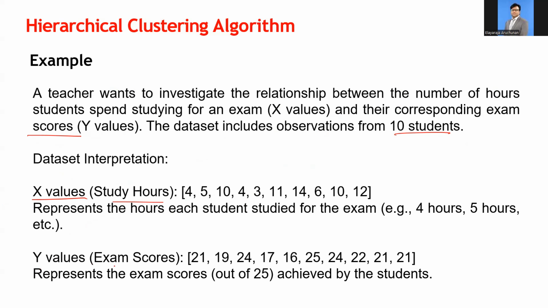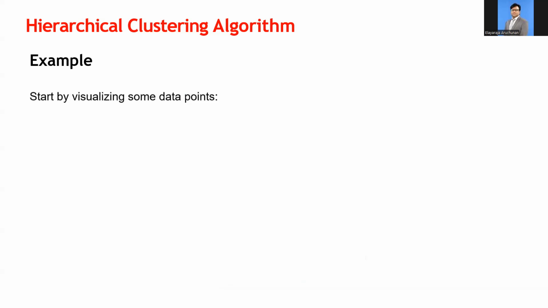The Y values are the scores or marks they obtained, such as 21 marks, 19 marks, 24 marks, and so on, out of 25 achieved by the students. So we have two data sets: study hours and the exam scores of these 10 students.